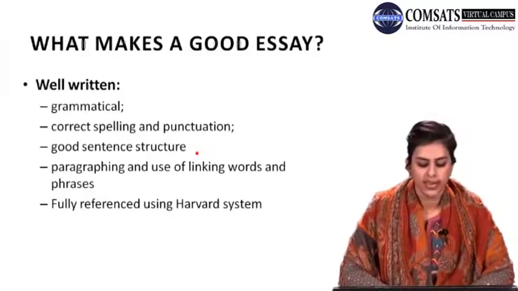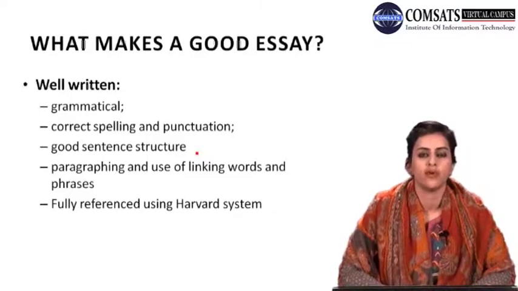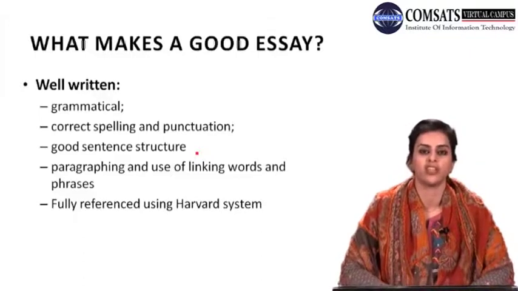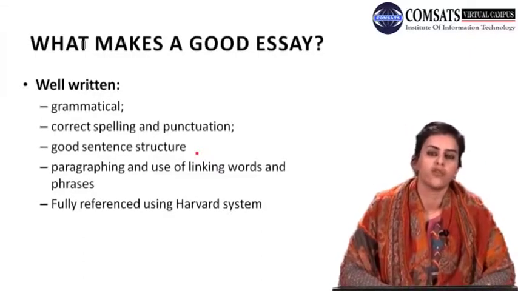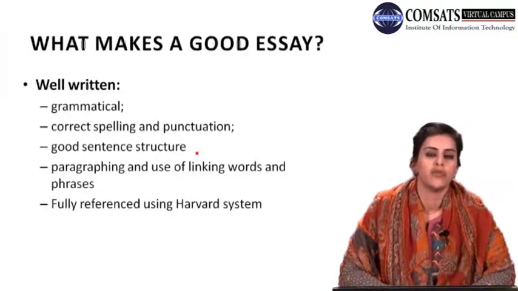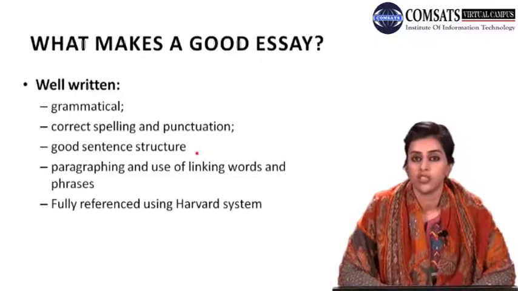Paragraphing and use of linking words and phrases. Now that you are using conjunctions, like the words which are going to link two thoughts, or two ideas, or two sentences together, make use of those and make sure that one paragraph is followed by the next paragraph, and both of the thoughts are moving in a logical progression and are related to each other.